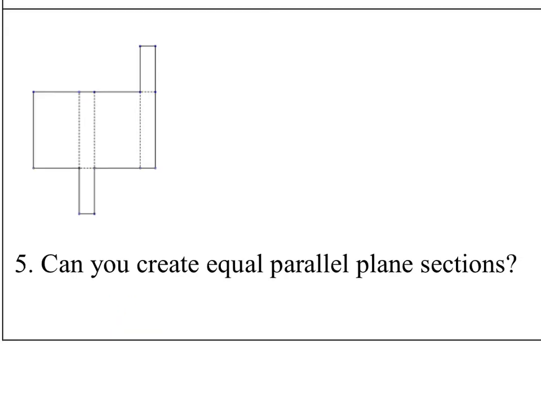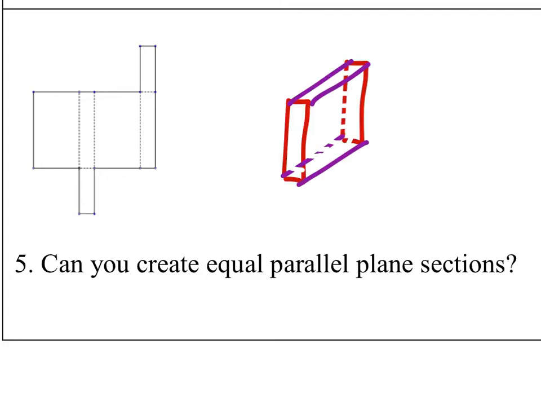So here is our net. What shape would this make for us? A little bit more than just a rectangle, right, because it's a three-dimensional shape. Rectangle's two-dimensional. Yes, this one's going to make a rectangular prism. All right, so this is a rectangular prism right here.